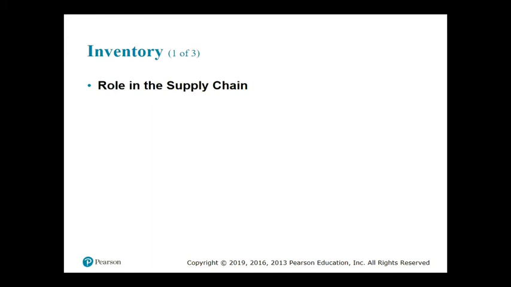Okay, so moving on to inventory. Inventory exists in supply chains because of the common mismatch between supply and demand. And there are many other specific reasons for inventory to exist.